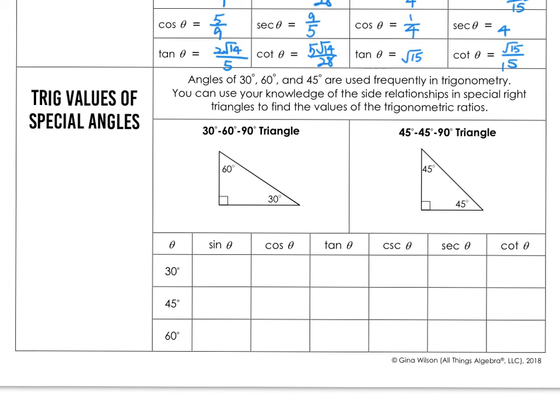So for now, I'm not going to go through the laborious process of how you should calculate all of that. I will just tell you the answers right here. So special right triangle, the first one is 30, 60, 90 degrees.